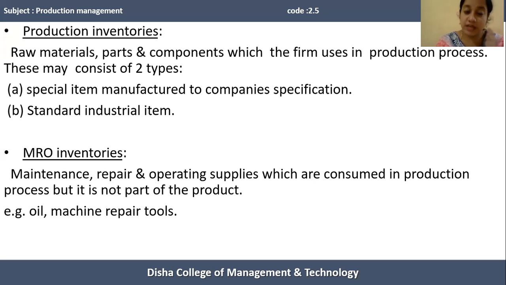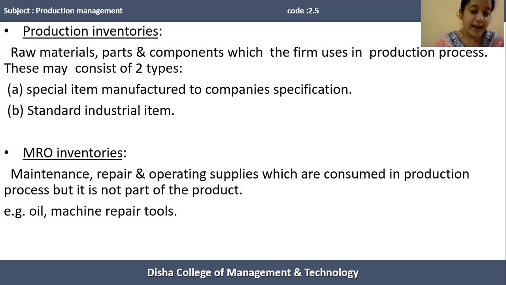These inventories are known as MRO inventories. Maintenance, repair and operating supplies are consumed in the production process, but are not part of the product. The organization or manufacturer doesn't directly use these for producing a particular product, but they support the production process.